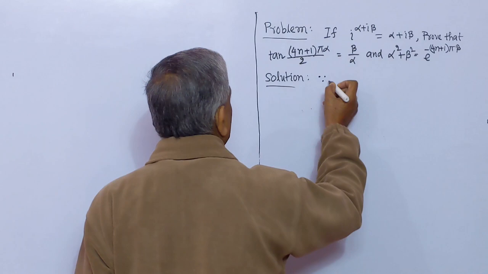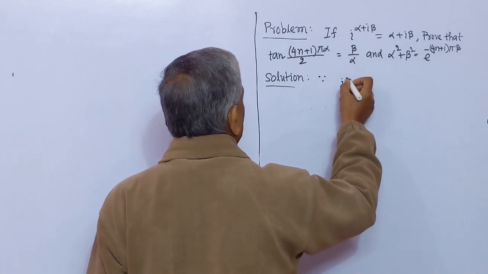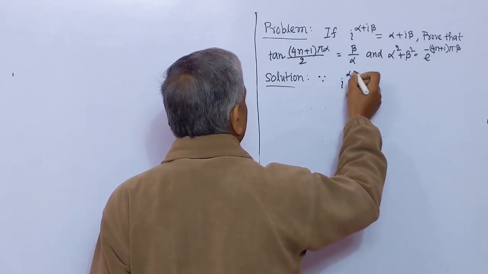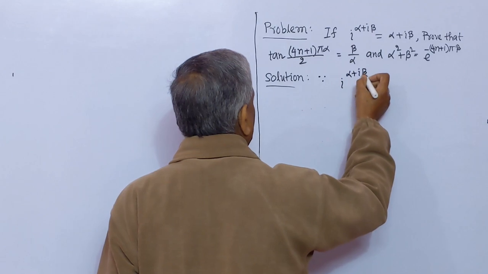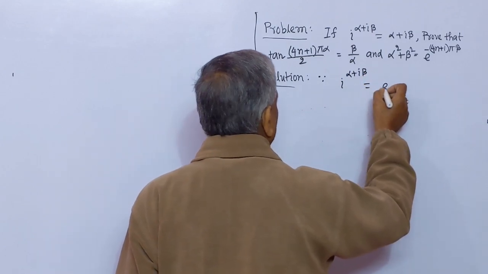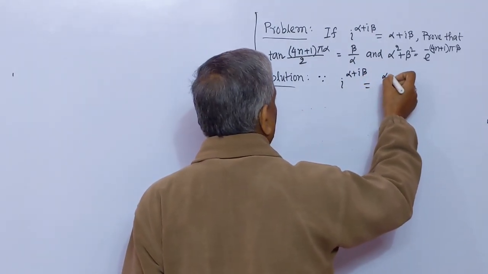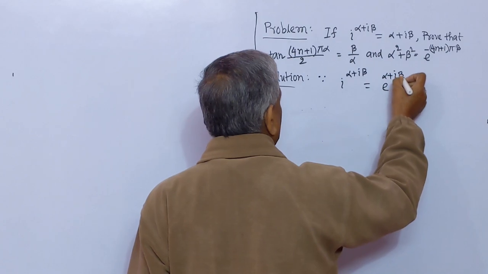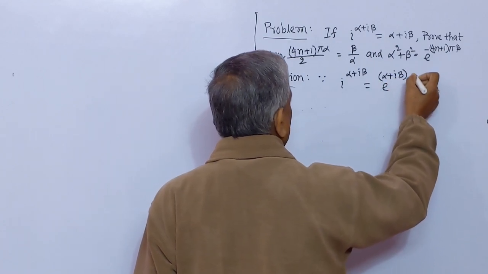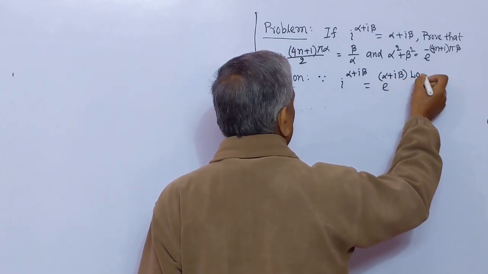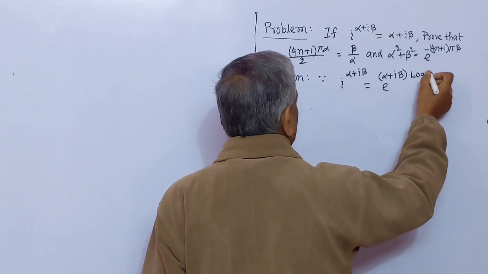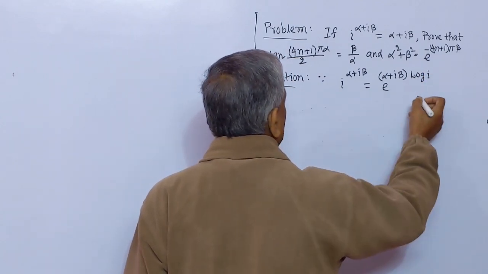Since i^(α+iβ) = e^((α+iβ) Log i). Let this be number 1.